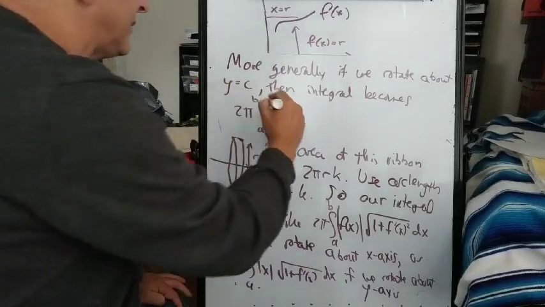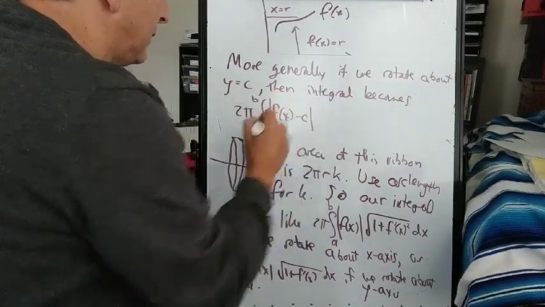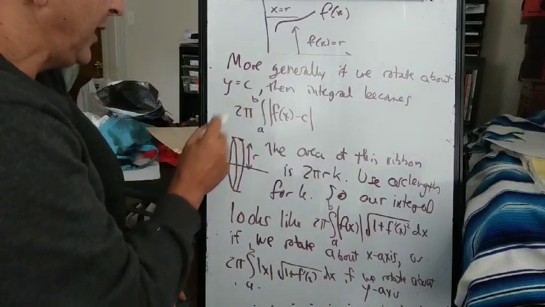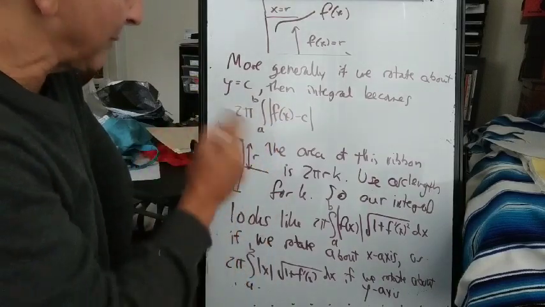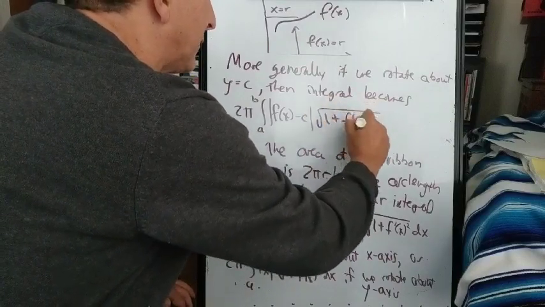Now our radius is the difference between f of x and c. Well, the absolute value of the difference, because we want this to be positive. If f of x is bigger, it'll be f of x minus c. If c is bigger, it'll be c minus f of x. So that times the arc length part.